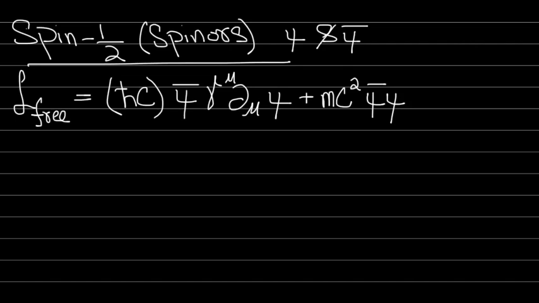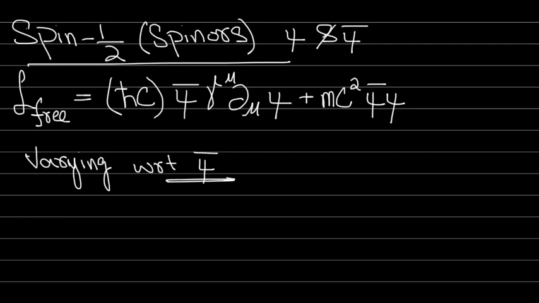And first now, what we are going to do is solve the Euler-Lagrange equation, varying it with respect to psi bar, right? And like I said, we are going to treat psi and psi bar as independent degrees of freedom. That's why we are first doing it with psi bar, and then we are going to do it with psi, right?